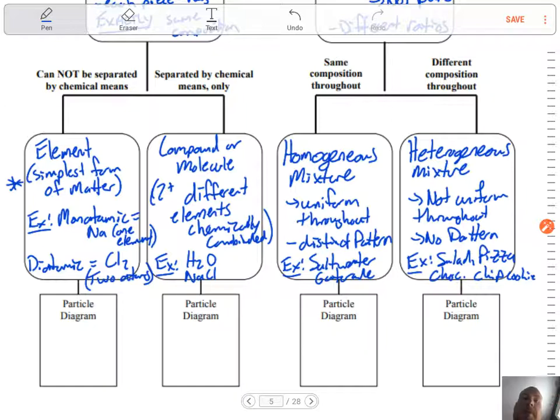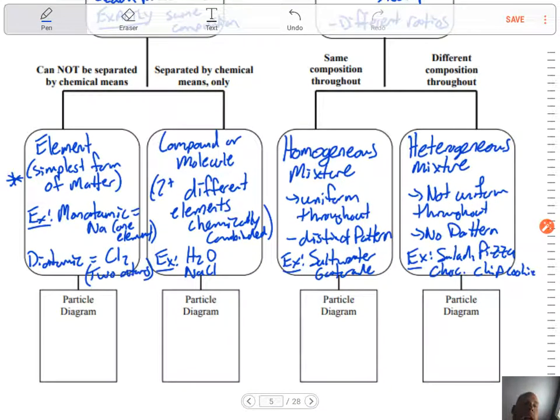Okay, we're going to do a lot of practice figuring out what's going on with these, how to identify them. And one thing that can help with that are these particle diagrams. So over here, okay, for elements, I'm going to split them up into monatomic as well as diatomic. So monatomic, guys, would be represented with just single circles, okay, nothing combined with it. Diatomic is going to be two of the same circles connected, okay, where you have two atoms bonded.